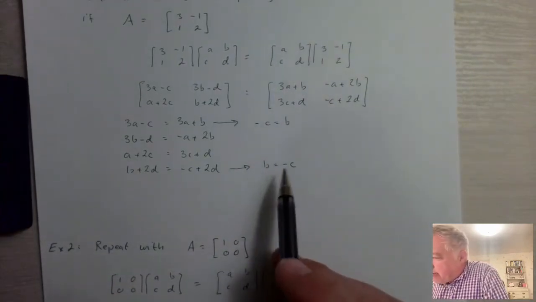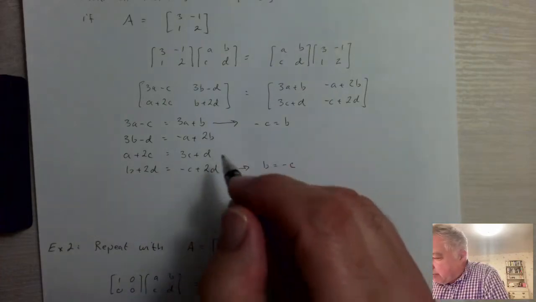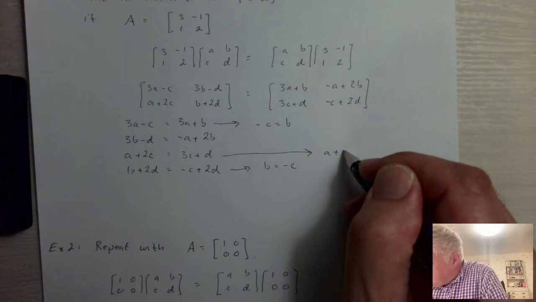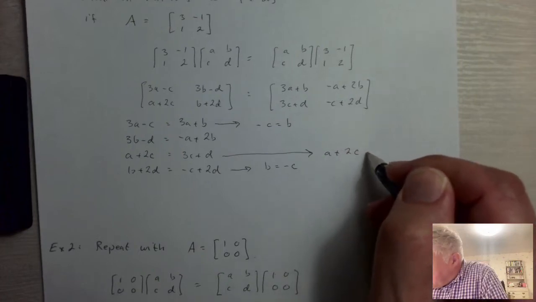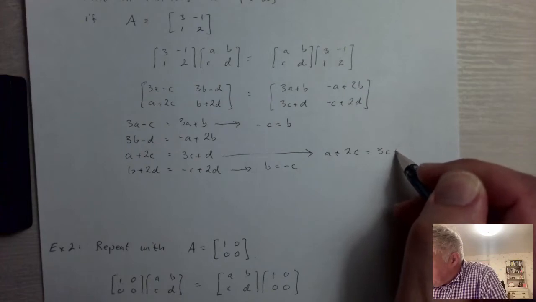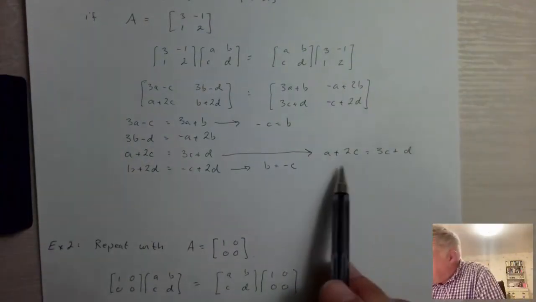And if we try to write everything in terms of, let's say, C, for this equation we get A plus 2C equals 3C plus D. Okay, that's actually good because there's no B in here.